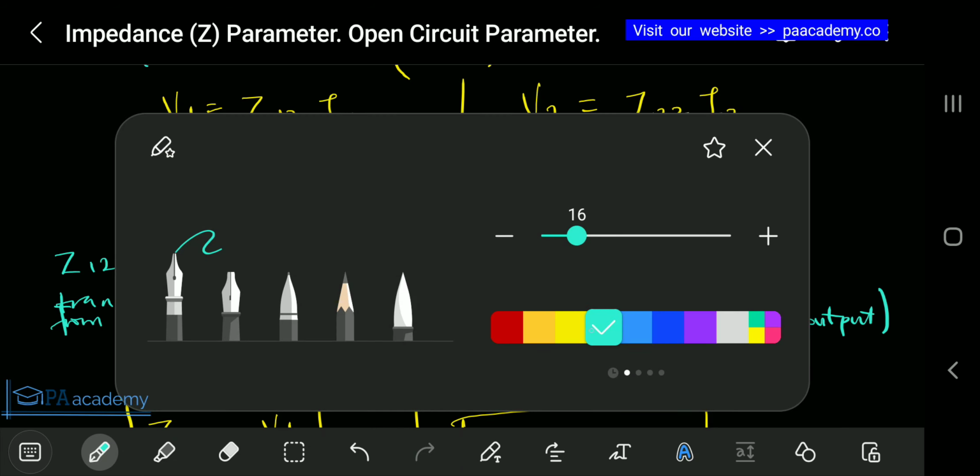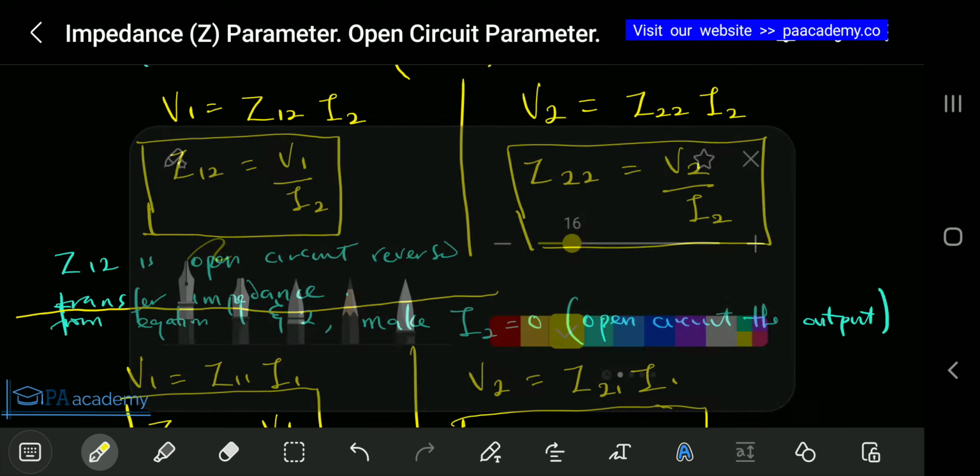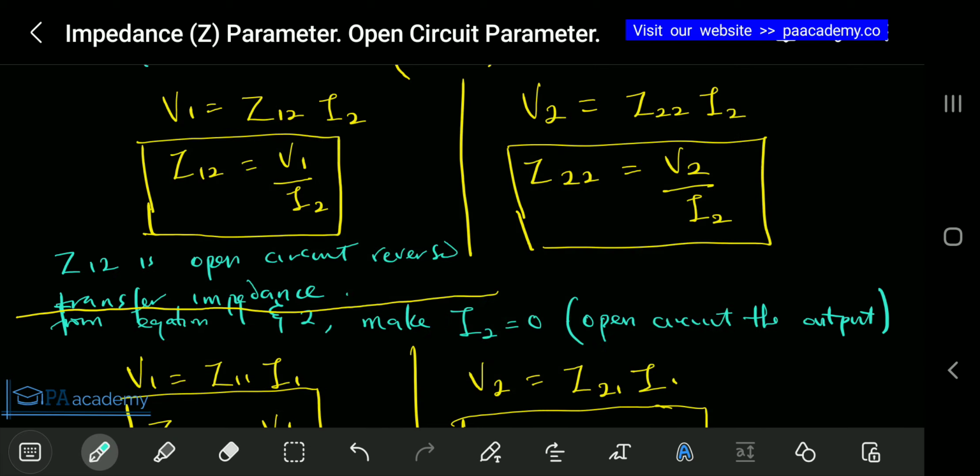So let me just draw a line here so that you don't mix those two things up. Very good. Then for our Z22, so it's called the open circuit. So let me just write it here. So our Z22 is the open circuit output impedance.